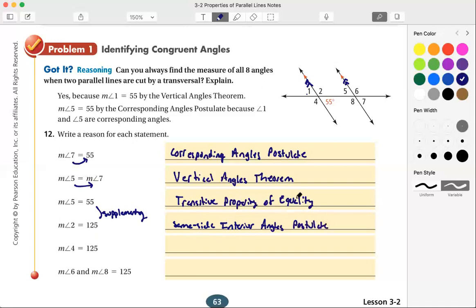How do we know angle 4 is 125 degrees? Angles 2 and 4 are vertical angles, and that's a theorem. And how do we know 6 and 8 are 125? Because 6 is corresponding to 2 and 8 is corresponding to 4. So these are equal by the corresponding angles postulate.